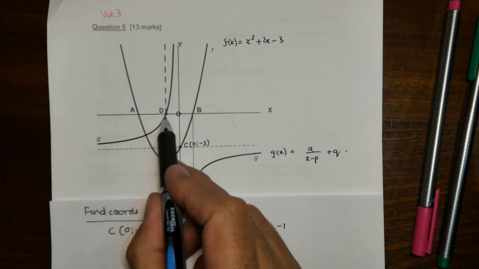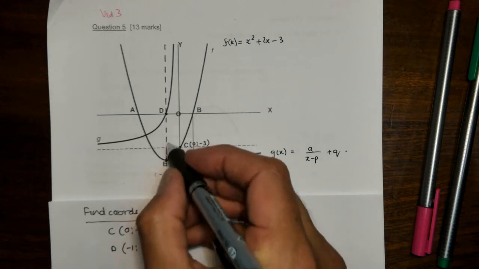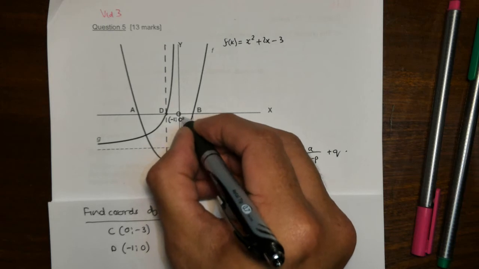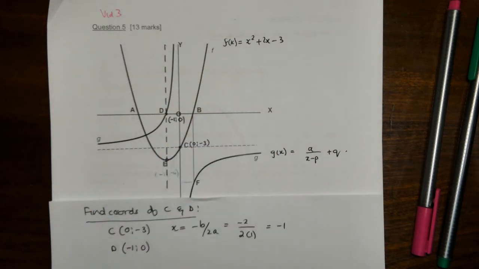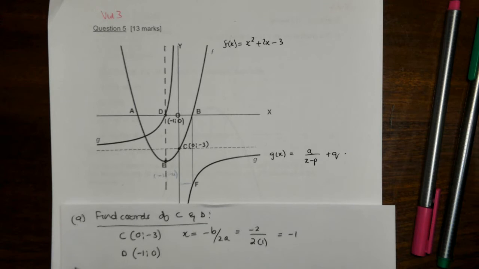So the point D is an x-intercept, so the y value is 0. So the point D will be the point minus 1 and 0. Okay, so let's put it in. Remember, always when you work something out, put it on the diagram in case you need it. That was the first question A, and it was for 3 beautiful marks.